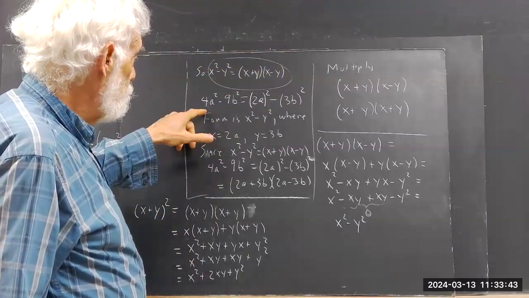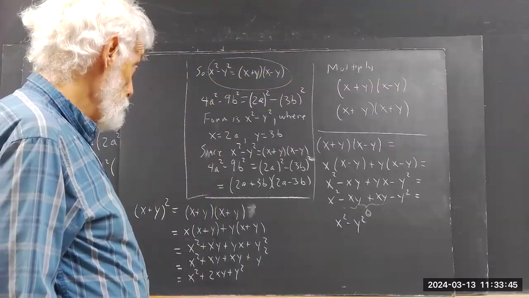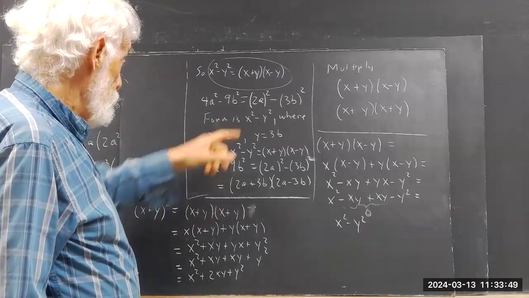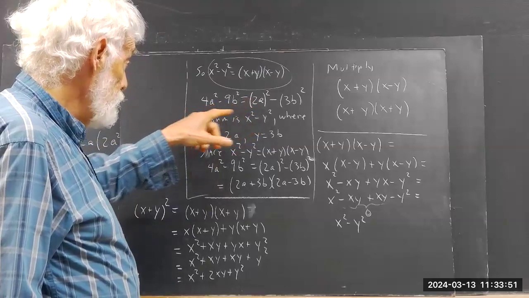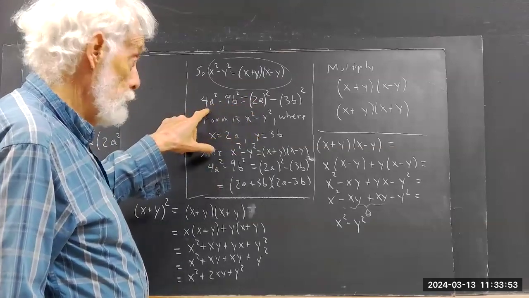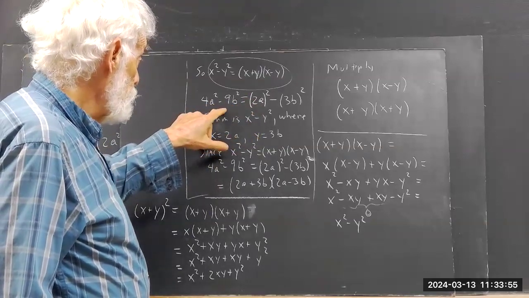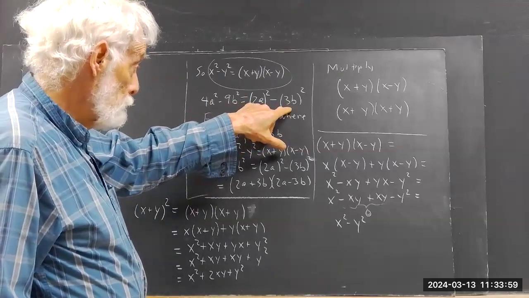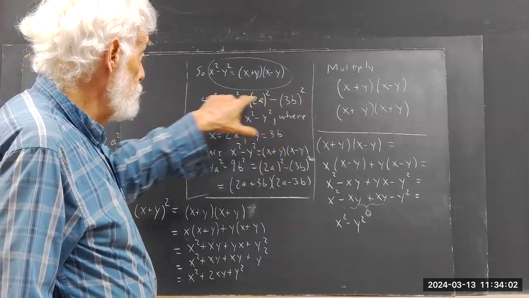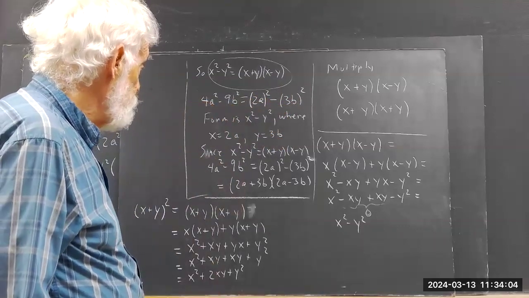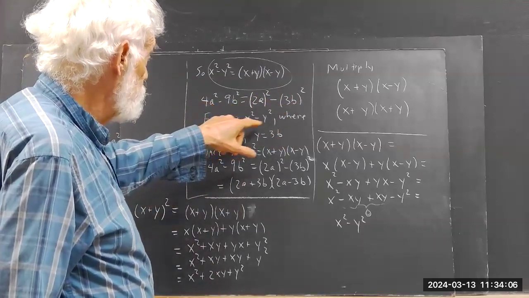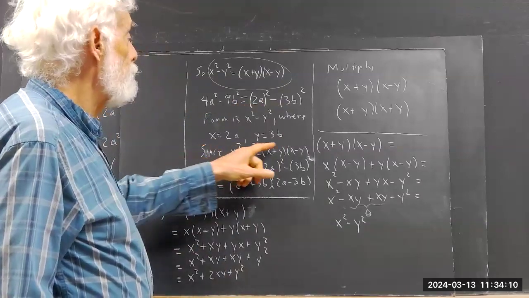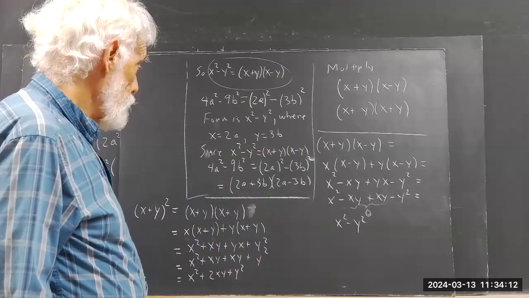So, for example, if I have 4a squared minus 9b squared, I can write that as the square of 2a, because if you square 2a, you get 4a squared, minus the square of 3b, which is 9b squared. The form of this is x squared minus y squared, where x equals 2a, y equals 3b.